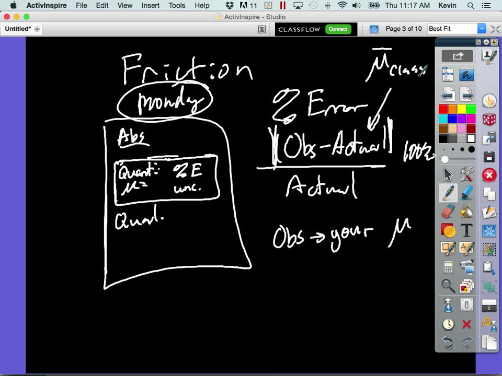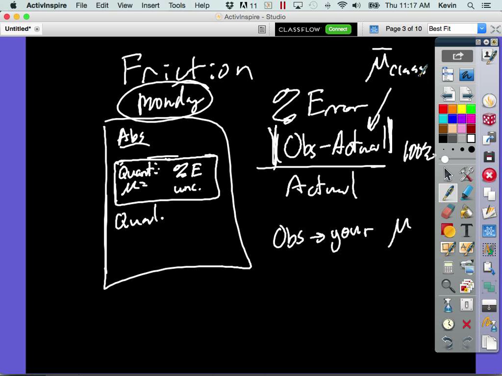Now, clearly, in this lab, the uncertainty of your measurements would be very small, right? Because you're just measuring how long the incline is, which you know exactly, and how high you elevated one end of it, which is completely unambiguous, right?